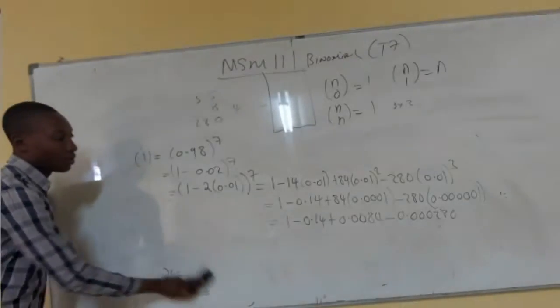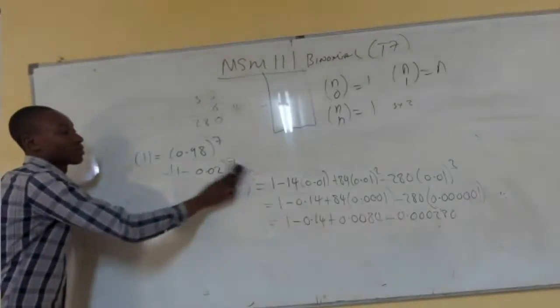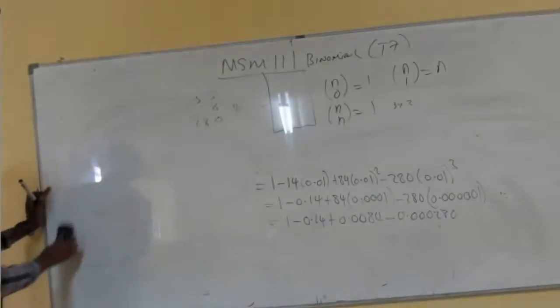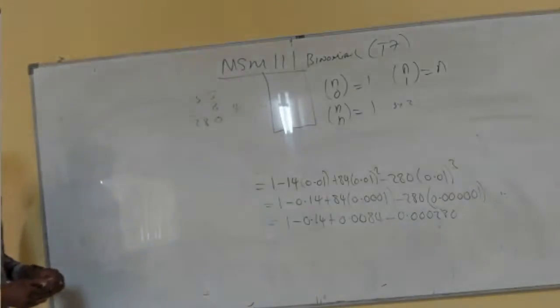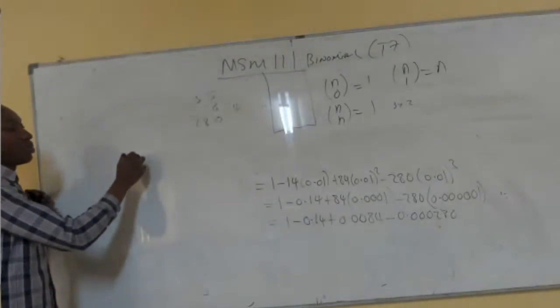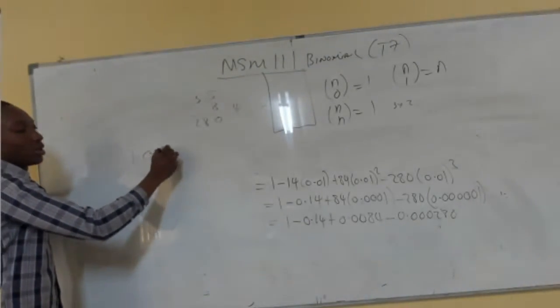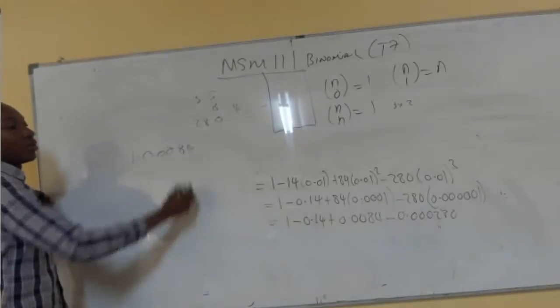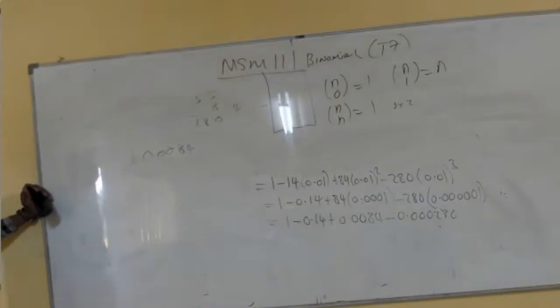So what is the value we're looking for? Remember, we're not using a calculator. So we are going to add what we can add and subtract what we can subtract. So we have 1.00884. That's the positive part which you have.